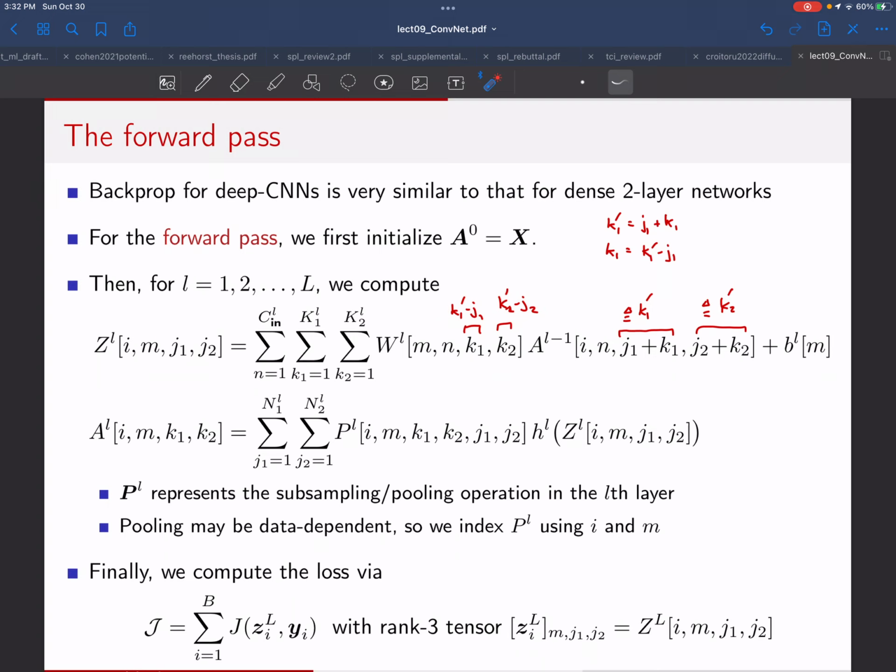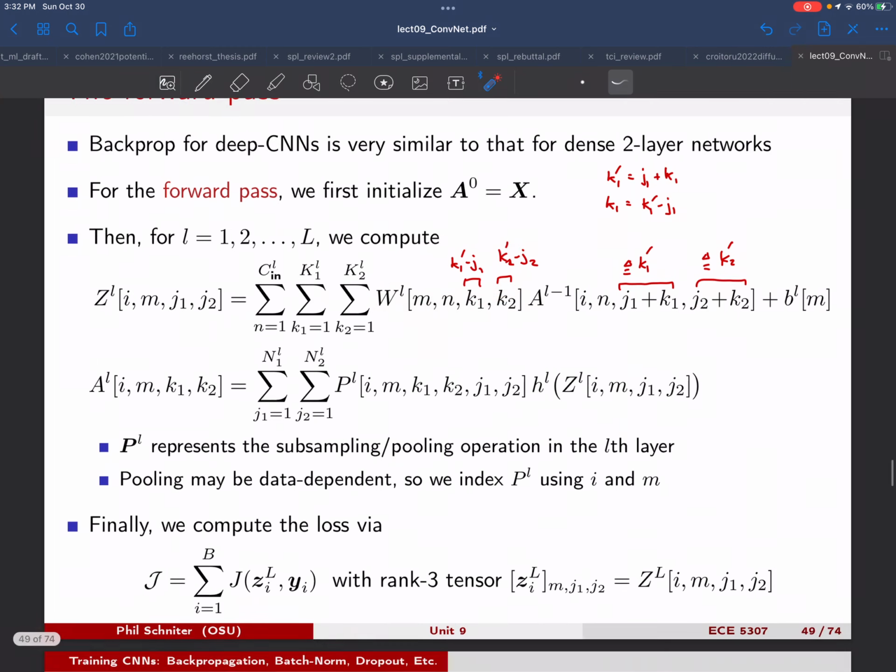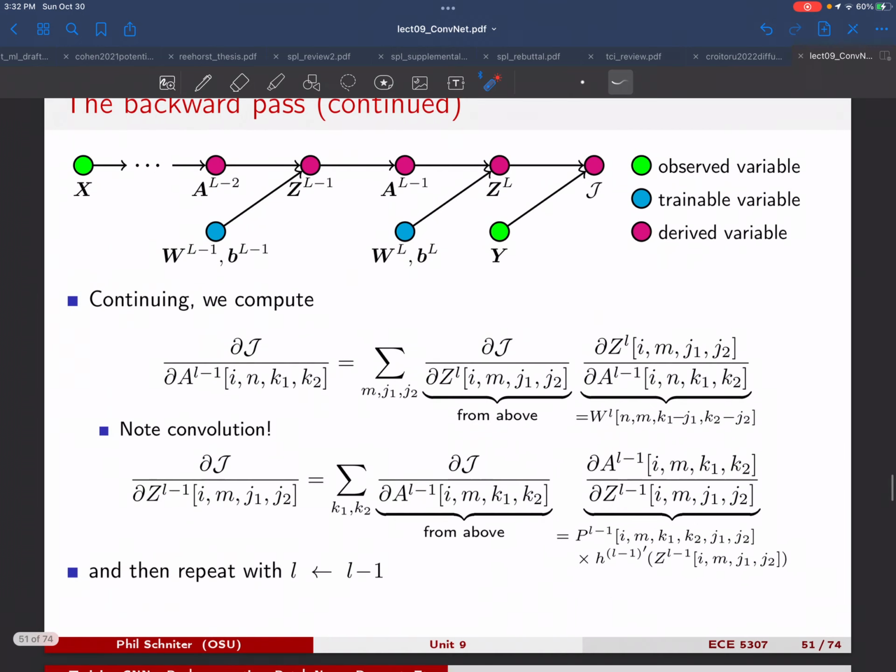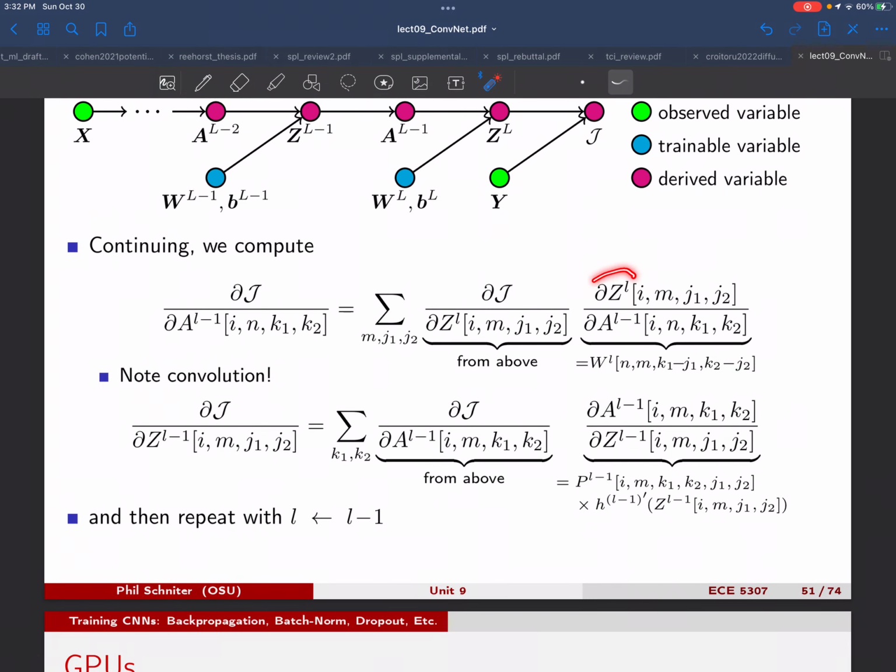So when we want to do DZL, DAL, and we want to target exactly one particular set of coefficients in AL, it's easy to do that derivative. It's just this W here. That is what we're doing over here: DZL, DAL minus 1.